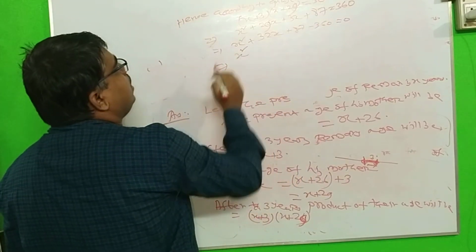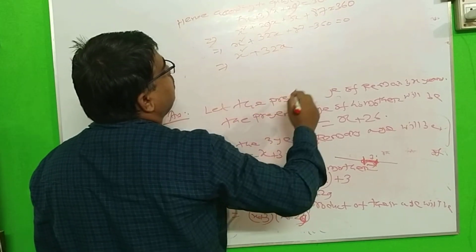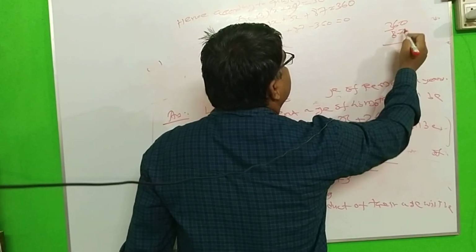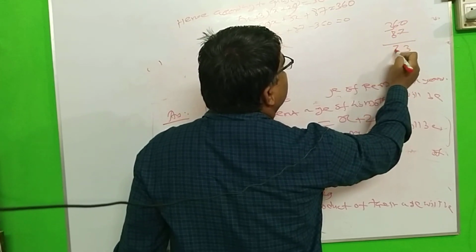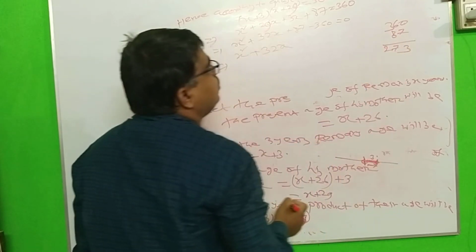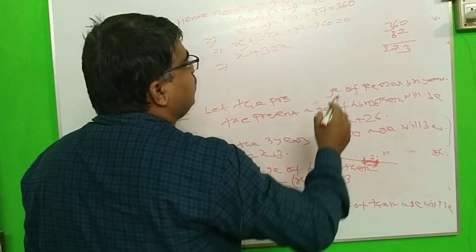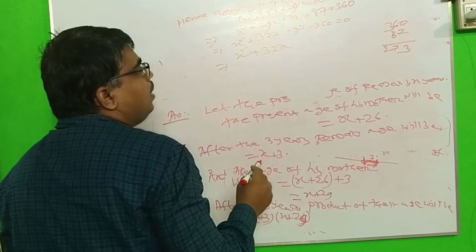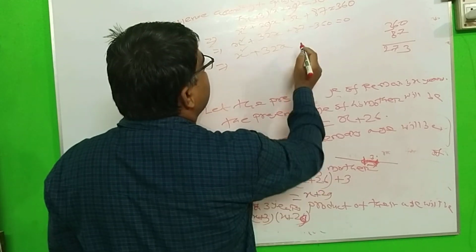This is x square plus 32x, 360 minus 87, that is 273. So x square plus 32x minus 273 equals 0.